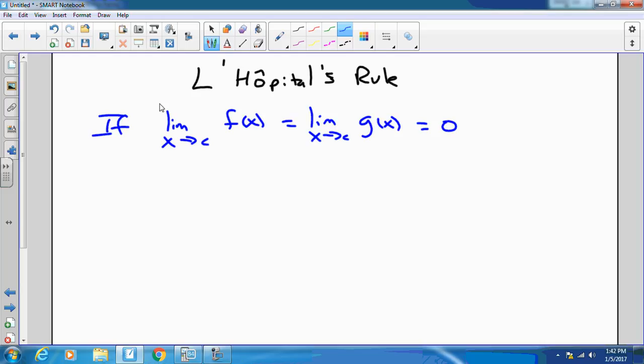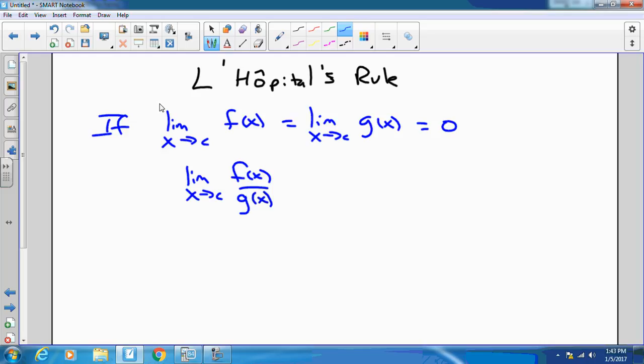And I want to consider the limit of their quotient f over g. Okay? Now you guys have enough experience to know that when you're confronted with a limit, the first thing you're going to do is check the form. And what's the form in this case? It is the indeterminate form 0 over 0.